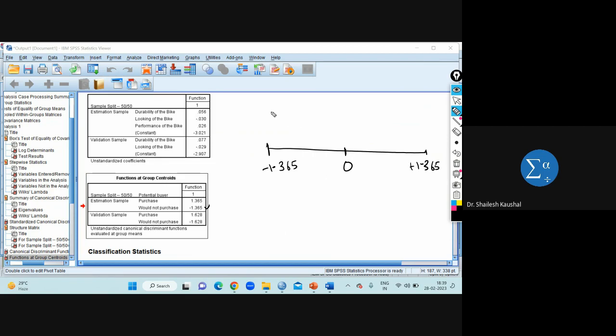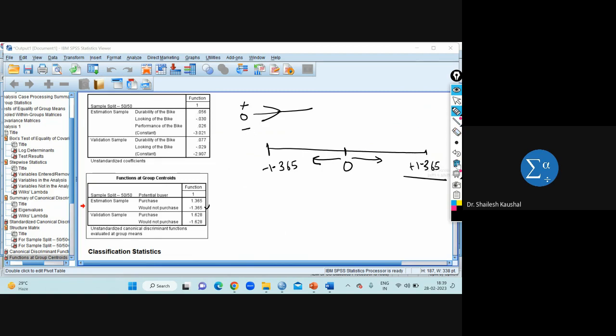So the people whose score is positive, they will buy this product, and the people whose discriminant score is negative, less than 0, they will not buy the product. So the positive value, they will buy the product. Negative value, they will not buy the product.